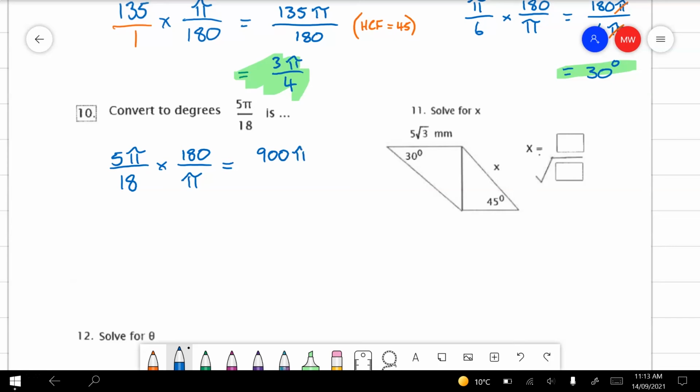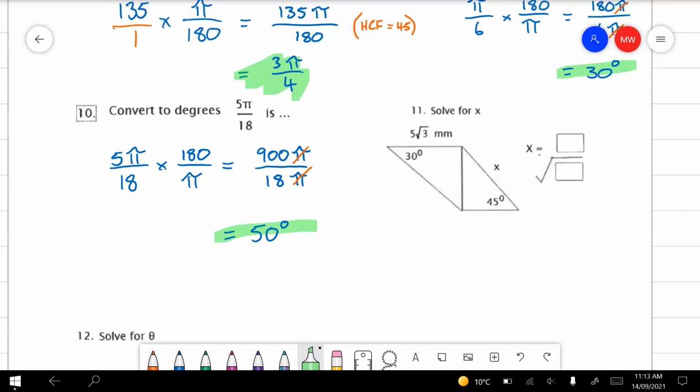And by putting pi on the bottom, when I multiply, I know that it's going to end up cancelling itself and going away. See, it disappears. And then all I need to do is focus on the fraction. Highest common factor of 90 and 18 is 18. So this is going to give me an answer of 50 degrees. Again, you can use your calculator.